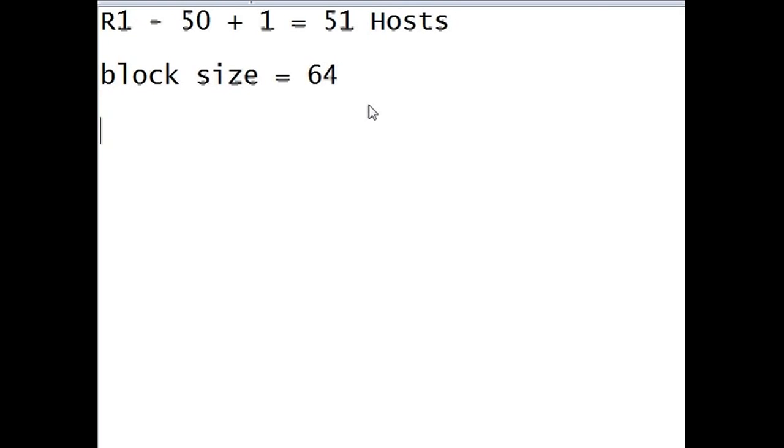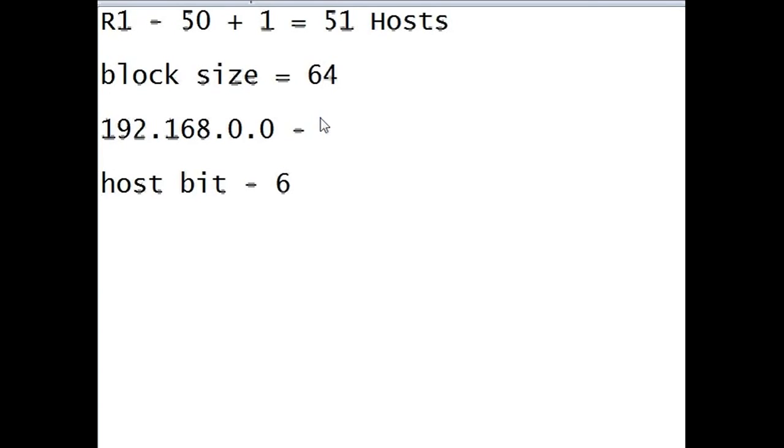Now initially I have been given a network 192.168.0.0. When the block size is 64, that's 2 to the power 6, so I have calculated the host bits as 6.